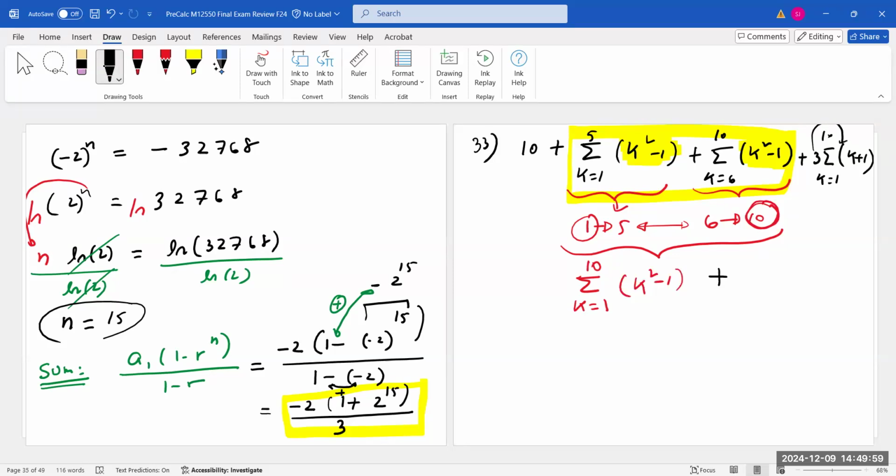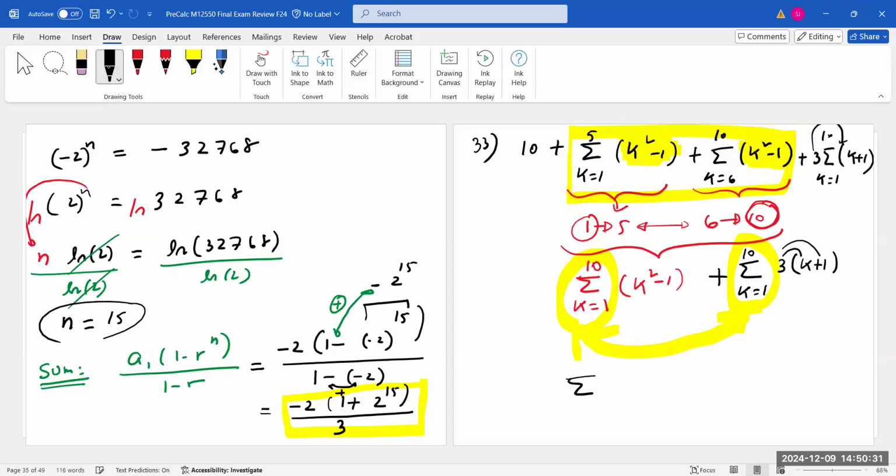Now the last one is k plus 1. We are putting the 3 inside our sum, and we are allowed to do so. So from here we get 3k plus 3. Since we are adding the same number of terms, we can combine these two.